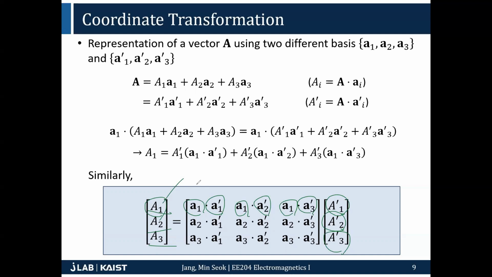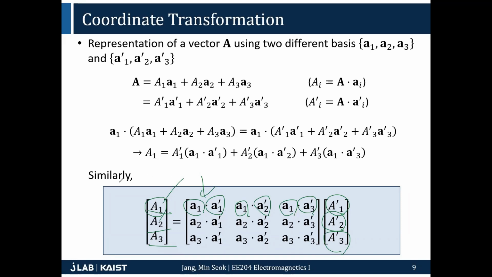So this is the key matrix for coordinate transformation. This tells you about the coordinate transform. And then you can easily check the pattern here. The elements can be obtained by inner products of two different coordinate system bases.